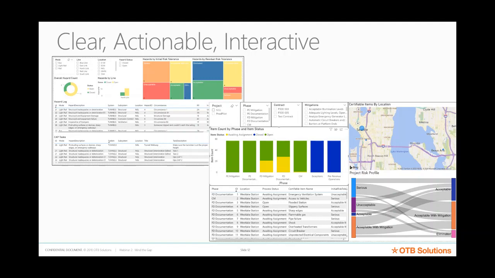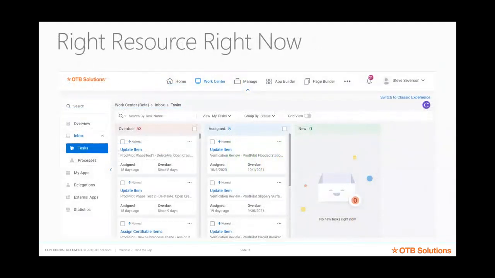The other critical piece to all of this in terms of adoption within your organization, and having a truly integrated system that is promoting the safety culture, is to make sure that the right resource at the right time has all of the information that they need to be able to take the actions that they need to take.